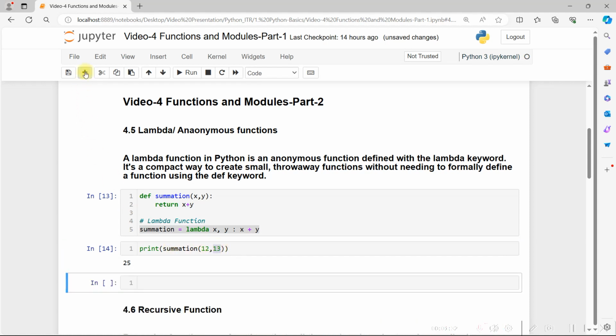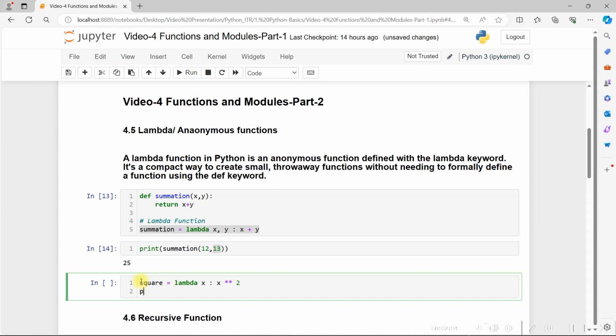So let us write one more program, like squaring a number. So we will take square. The syntax is very simple: square is equal to lambda x colon x to the power 2, and we will print the value.